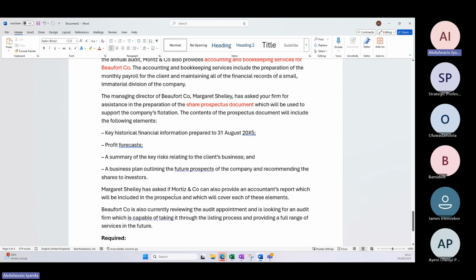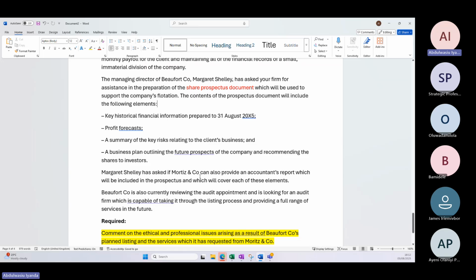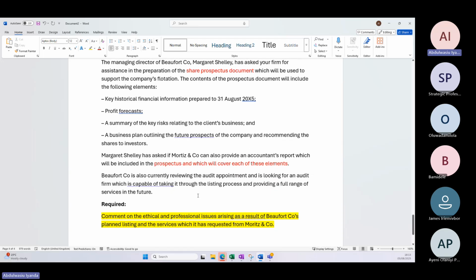The manager has also asked that our firm provide an accountant's report, which will be included in the prospectus and will cover each of those elements. The company is also currently reviewing the audit appointment, and is looking for an audit firm capable of taking it through the listing process and providing a full range of services in the future.